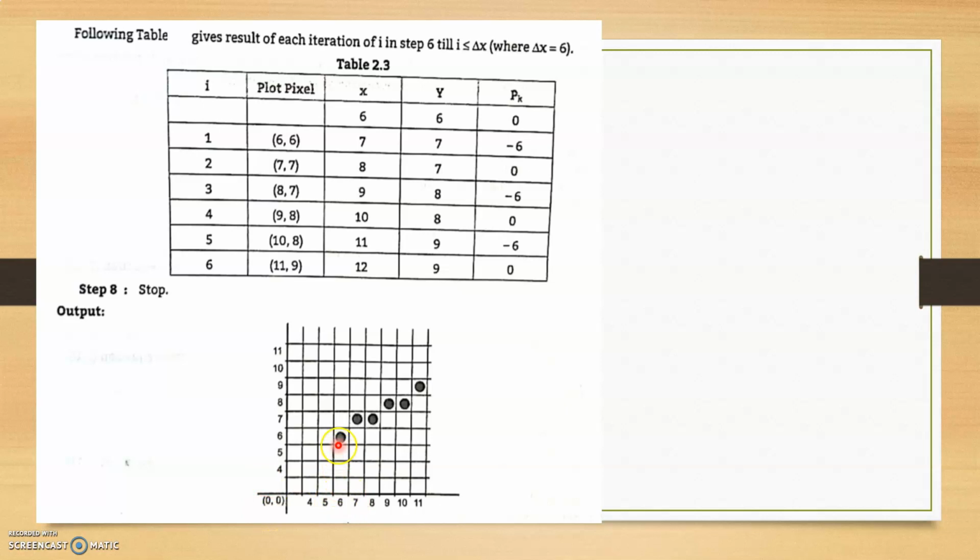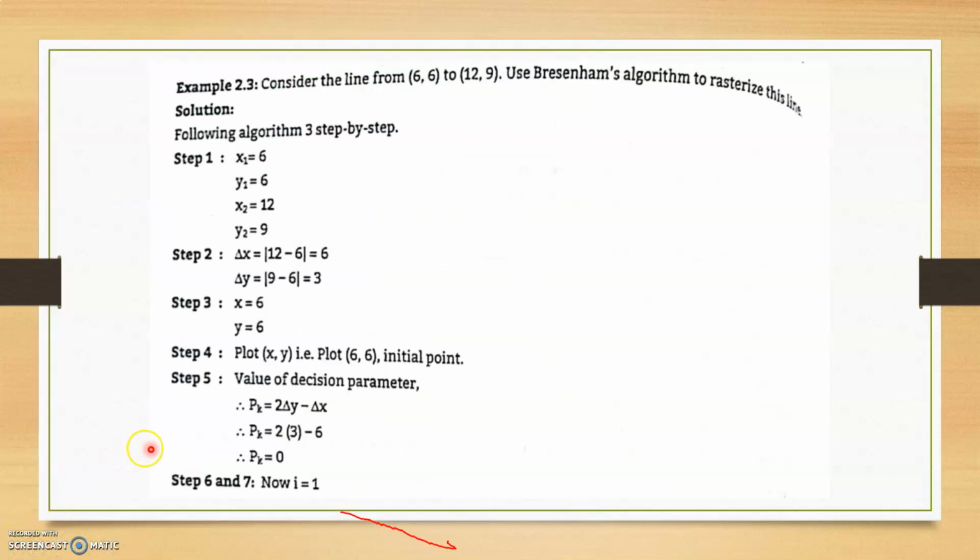This point is plotted. So to find the next coordinate, we have to find the decision parameter, and in the last slide I explained how to find the decision parameter. We got the decision parameter pk equals 0. Now we have to start our iteration.